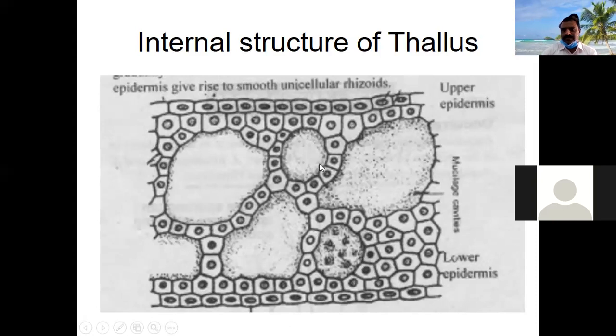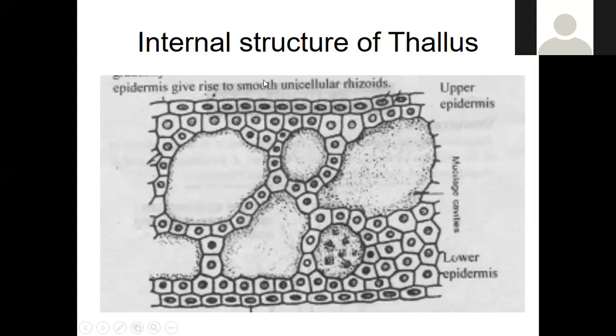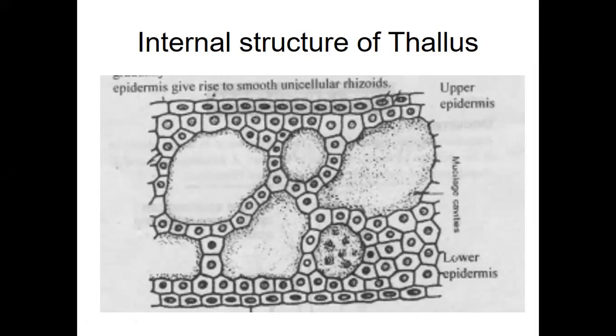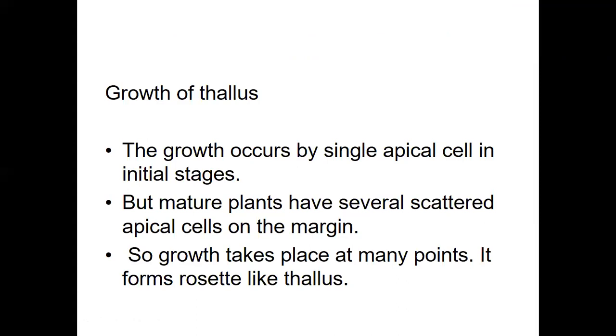On the ventral side, you can see the development of smooth unicellular rhizoids by which it is attached to the ground surface. So this is what we discussed yesterday regarding the internal structure of the gametophytic tissue.